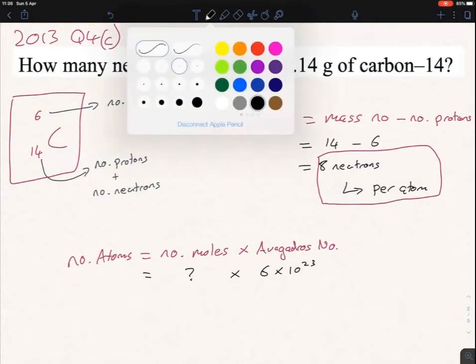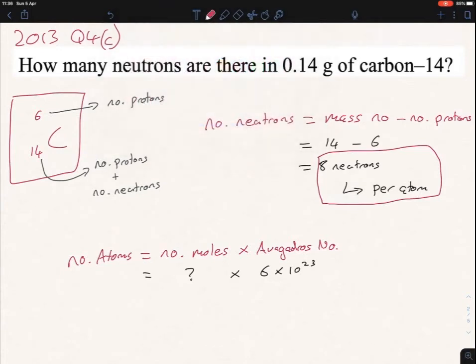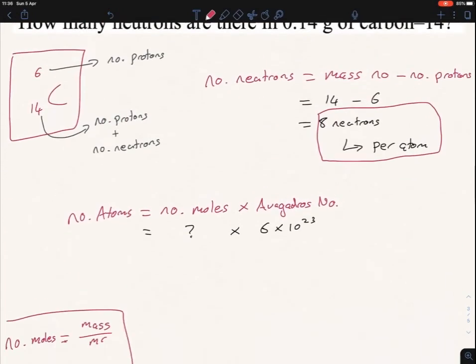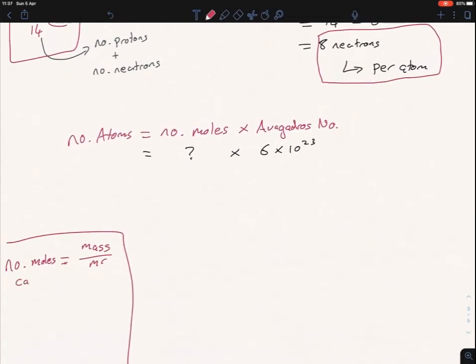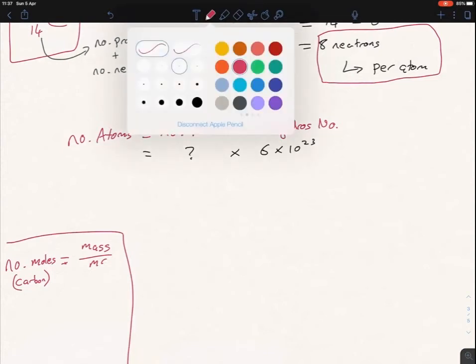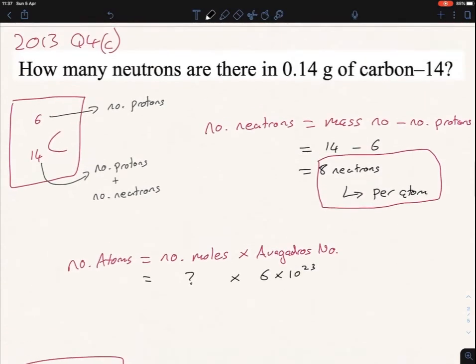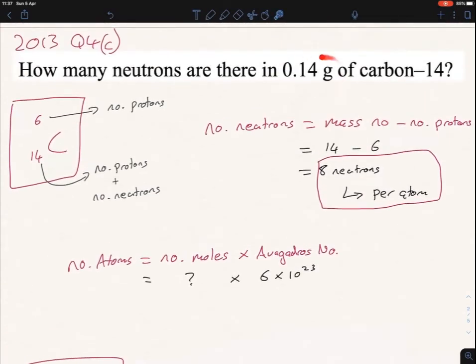So we go back to our formula for the number of moles. I'm just going to do a little side calculation down here. The number of moles equals mass over Mr, and we're dealing with moles of carbon. We're told the mass already: 0.14 grams of carbon-14.